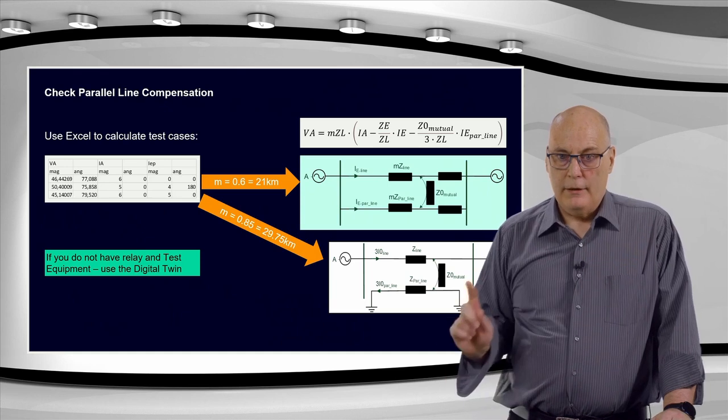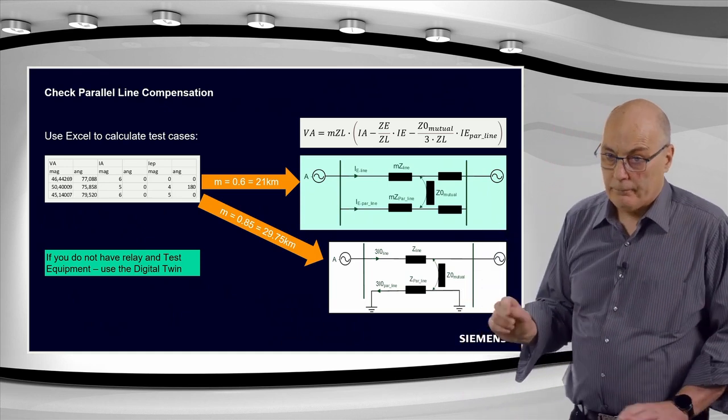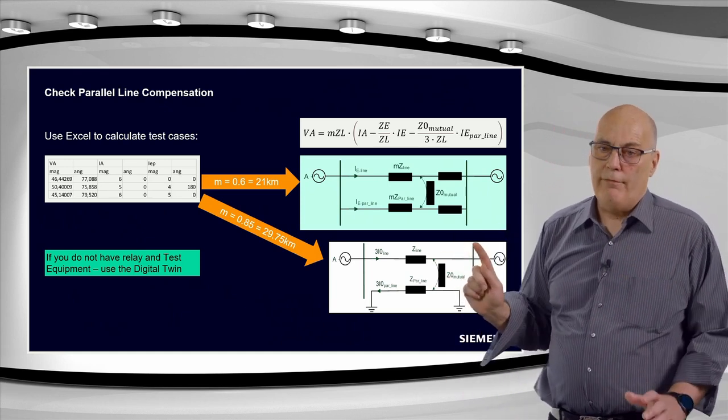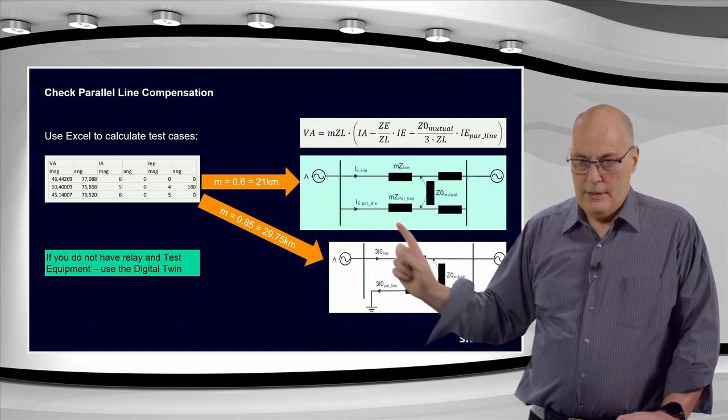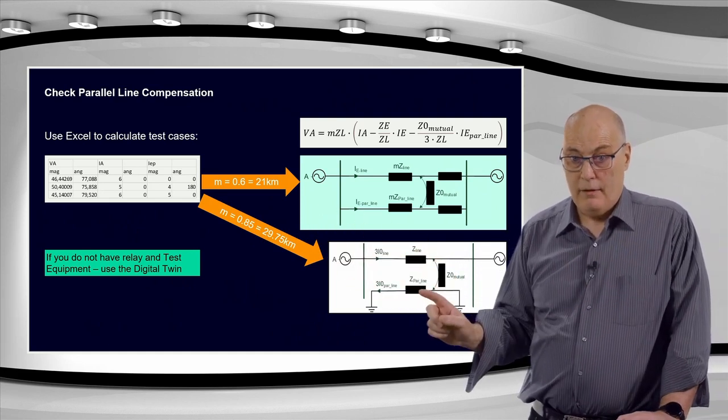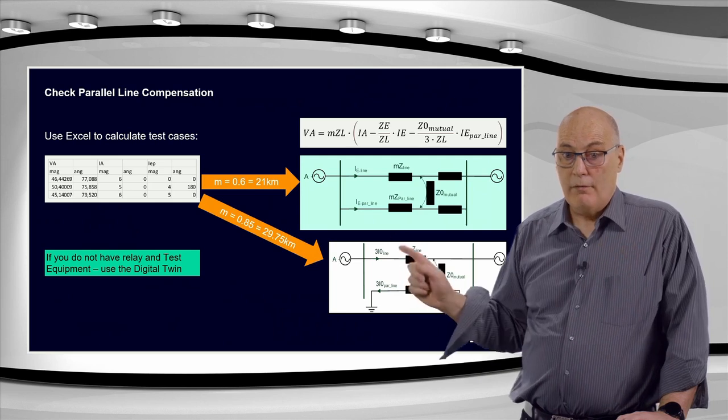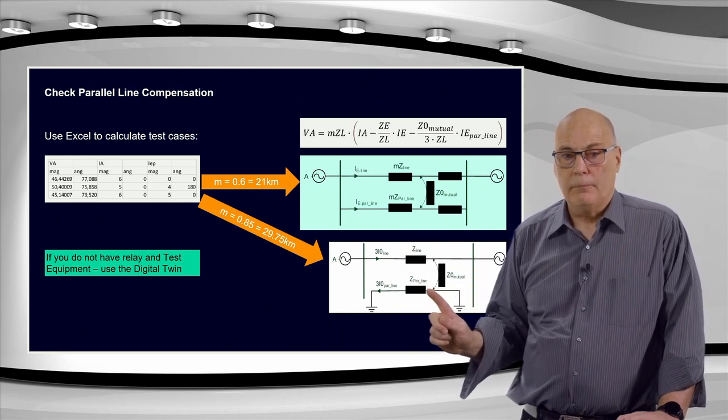And then finally I did a case for the bottom here. I moved the fault to 85% in that case, and I injected 6 amps on the top feeder and 5 amps in the bottom, but the 5 amps in the opposite direction.